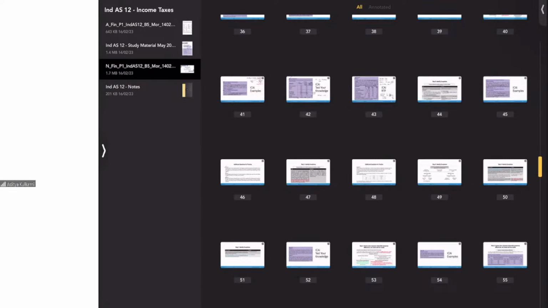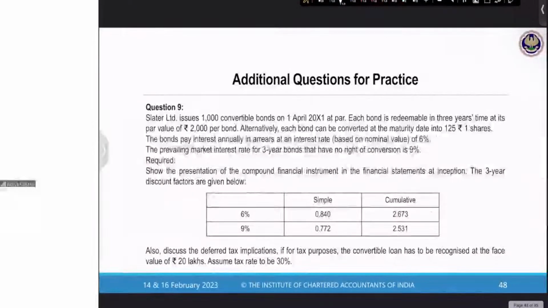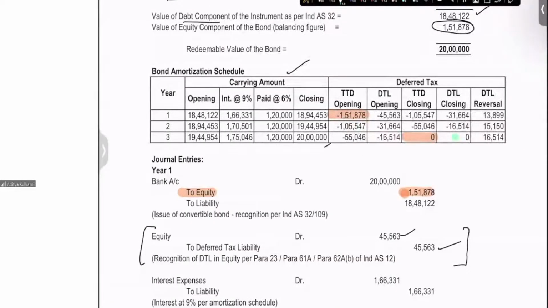Therefore, since the 1,51,878 difference has gone in equity, the deferred tax liability is also recorded in equity. The deferred tax liability is also going to sit as a part of your equity. Is it okay? Yes, all clear?